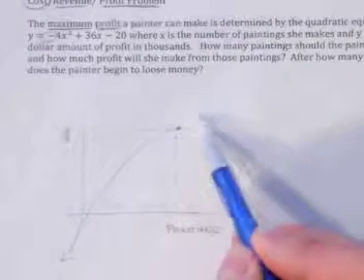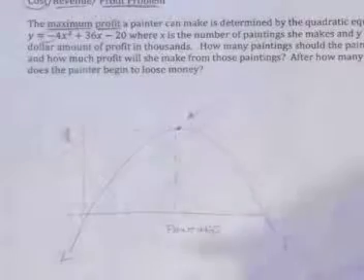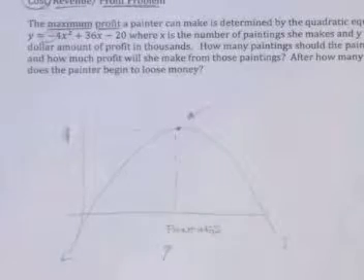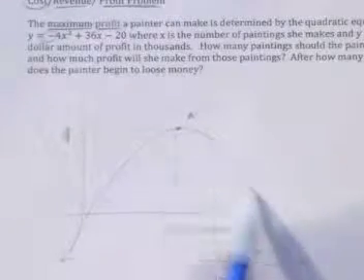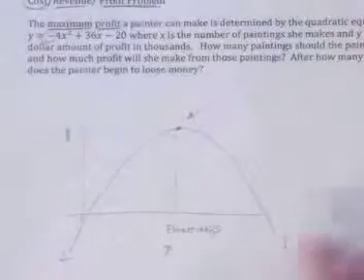There's going to be some point that is her maximum revenue, and that's going to tell her how many paintings she could make to make that maximum. And after that point, she's going to start losing money for every painting that she makes. So I'm interested in finding the vertex of this parabola.